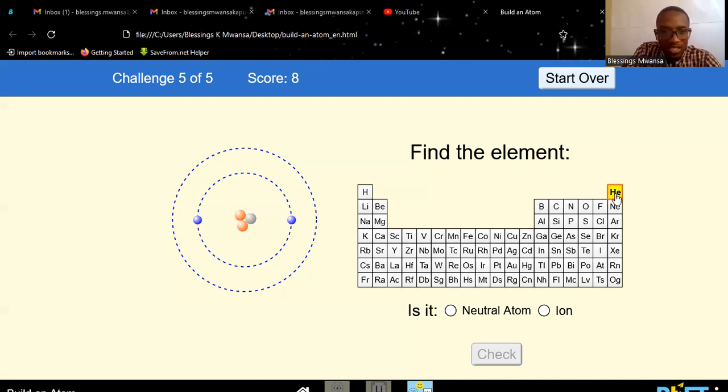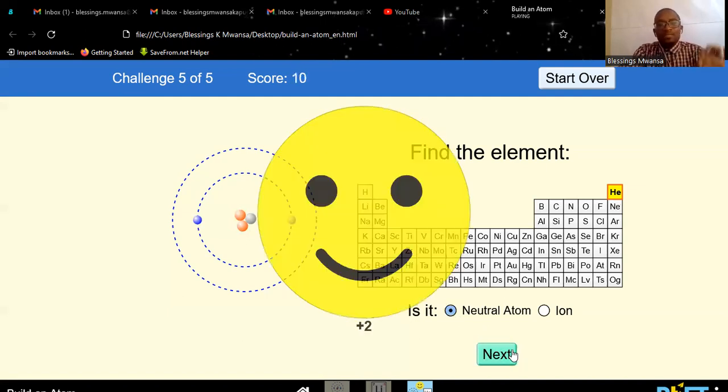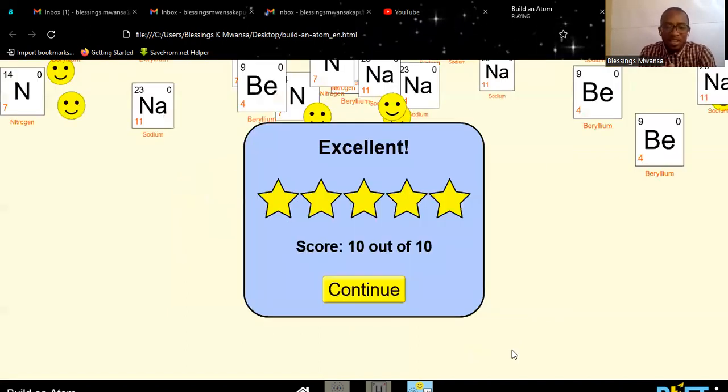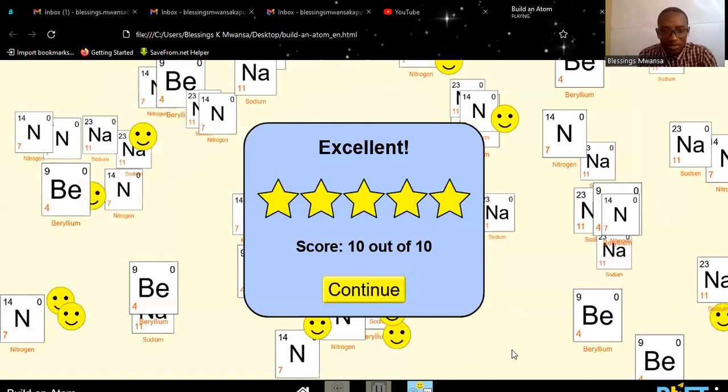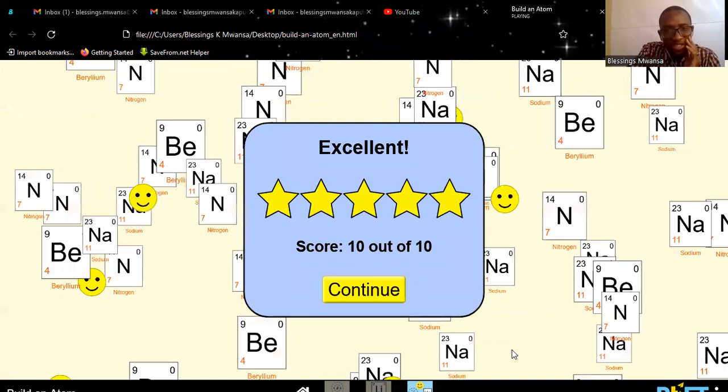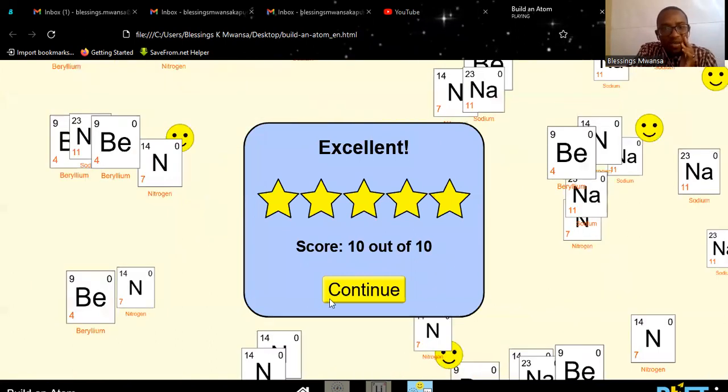Excellent. So this is an atom, and the reason is that the proton number is equal to the electron number. All right, let's confirm. And this is correct. And that is our 10 out of 10 for the first challenge. Let's go for the second one.